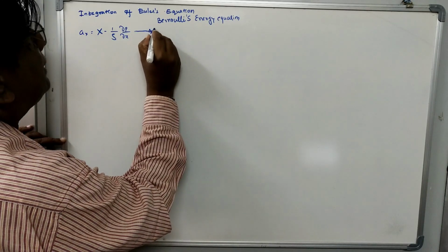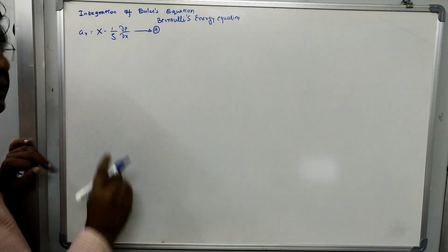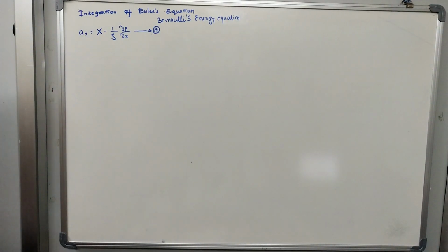So you can take this as equation A, that is the Euler's motion equation in the x direction.